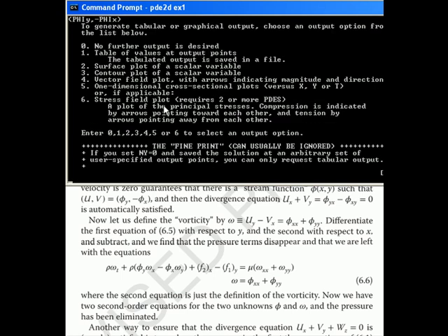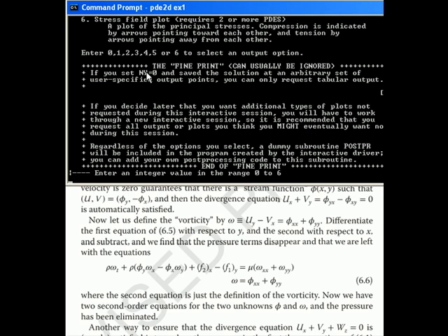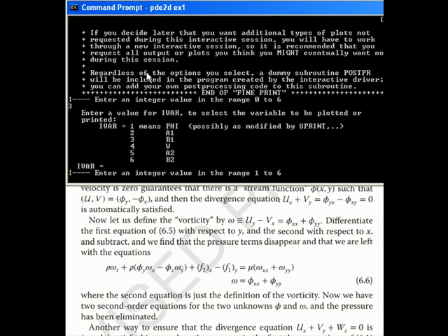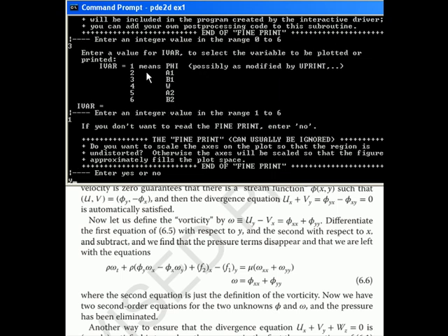Now I also want to do a contour plot of the stream function, and you'll see why it's called the stream function. So I want to do a contour plot of phi. Ivar equal 1 is phi.